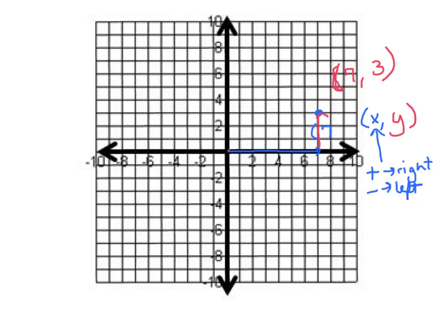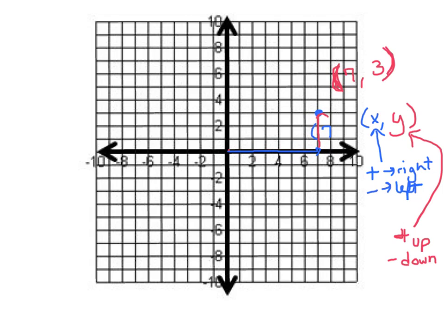And then I put the parentheses around to denote that it's an actual point. If the y value is positive, I would go up, and if it's negative, I would go down from wherever I am on the x-axis. So it gives us the coordinates: I start here, go over to the right 7 and up 3.